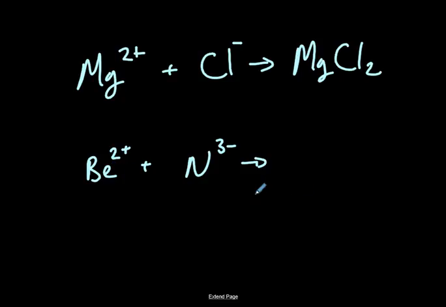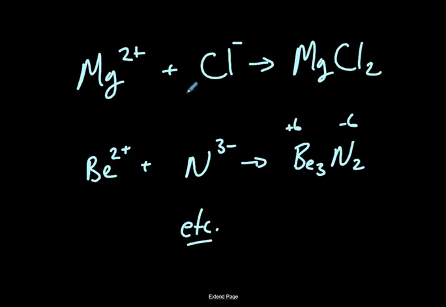Nitrogen has 5 electrons in its outer shell, so it needs 3 more to get to 8. So in this case, we're going to need 3 berylliums and 2 nitrogens. Why? Because we need +6 and we need -6. It's the lowest common multiple. The lowest common multiple of 2 and 1 is just 2, and so on.